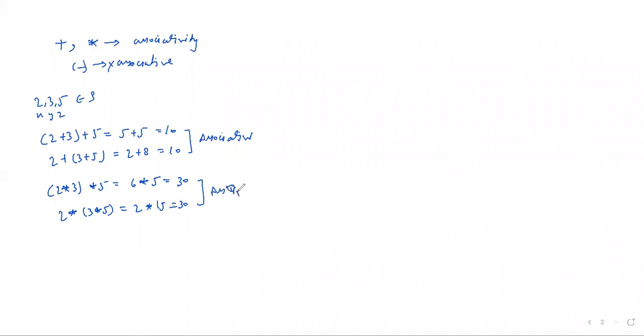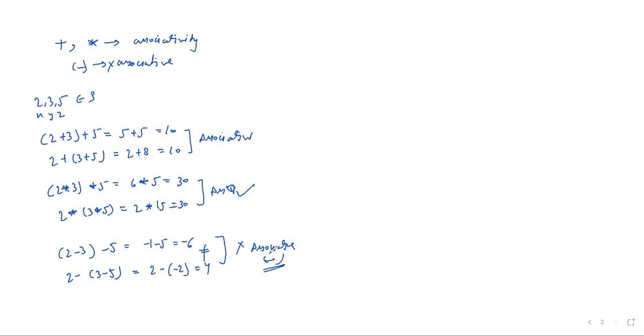Now let's see the subtraction part. (2 minus 3) minus 5 equals minus 1 minus 5, which is minus 6, and 2 minus (3 minus 5) equals 2 minus (minus 2), which equals 4. So these are not equal. So associativity does not hold for subtraction. This is clear from here.